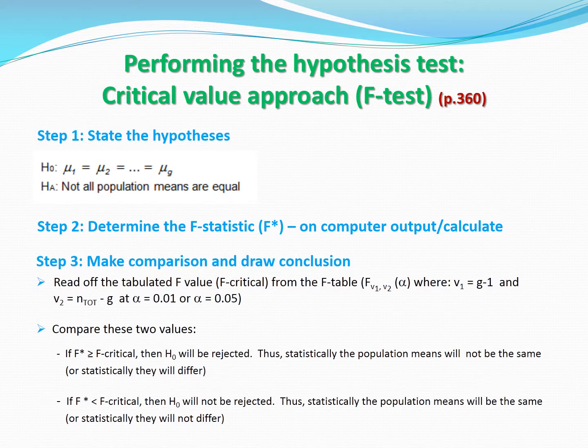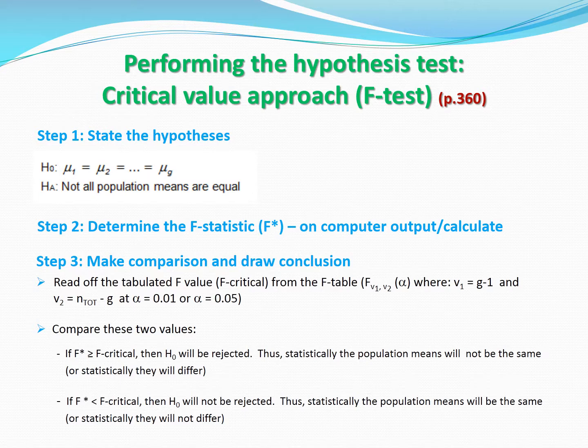Then you can compare your F statistic and your F critical value, and the decision rules that we use are indicated over here. If your F statistic is greater than or equal to your F critical value, then your null hypothesis will be rejected. So if this is rejected, it means that your population means will not be the same, or you can say that they will differ statistically.